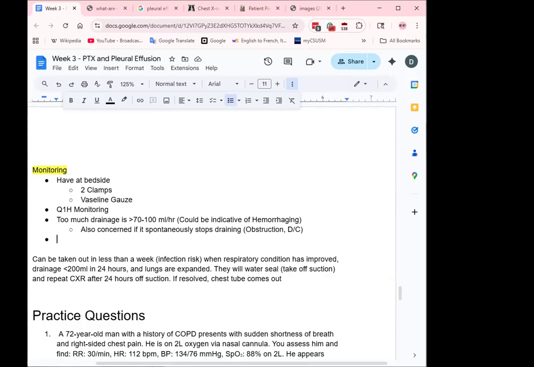But most of the time, when you get this patient on your floor, that chest tube has already been stabilized. The patient's already more stable, and you're really more just focusing on probably closer to this number or whatever your hospital policy is on it.